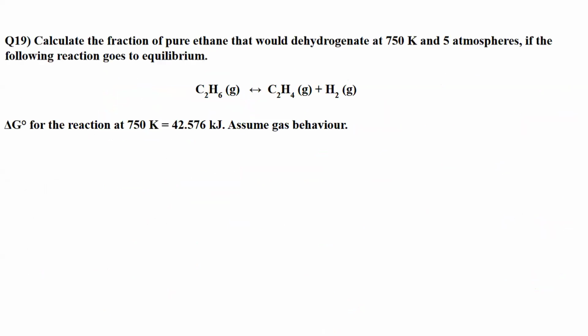Okay, next. Calculate the fraction of pure ethane that would dehydrogenate at 750 Kelvin and 5 atmospheres.